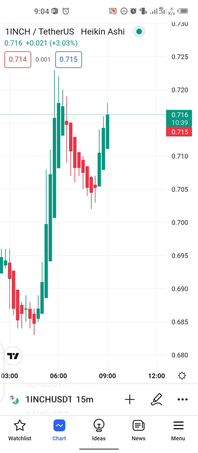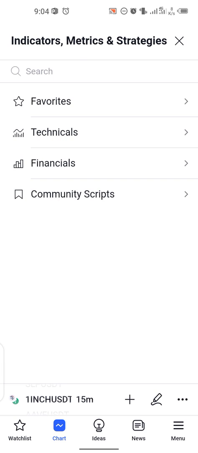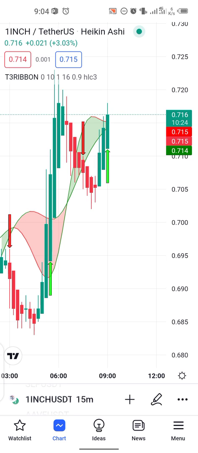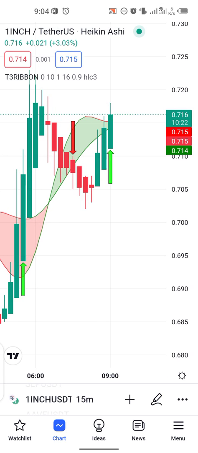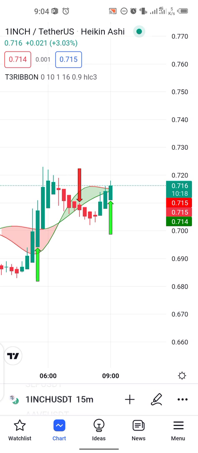Yesterday we looked at specific indicators that I want to drop in here. The first indicator we put on our favorite list is, ladies and gentlemen, the T3 ribbon, which I have pressed in right now. We did its settings, and in the 15 minutes time frame it usually says get into the market.